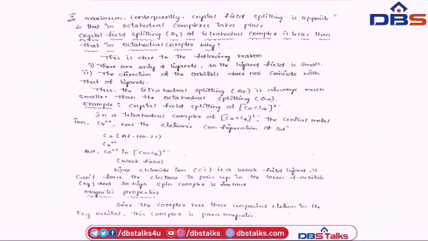This is due to the following reasons. One, there are only four ligands, so the ligand field is very small. And second, the direction of the orbitals does not coincide with that of the ligands. Thus the tetrahedral splitting energy is always much smaller than the octahedral splitting energy.